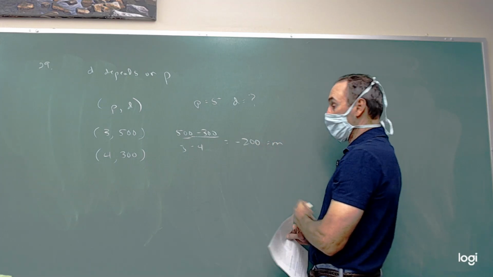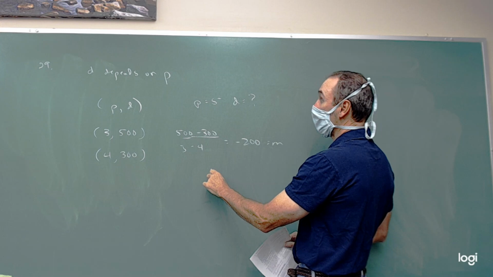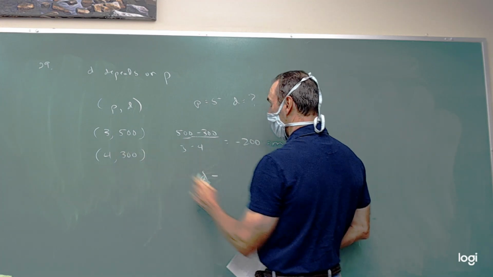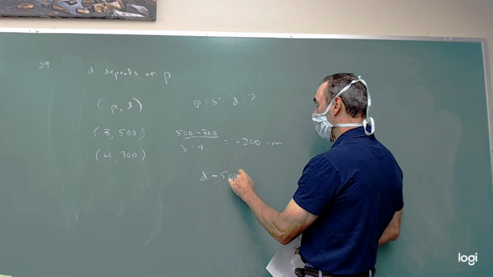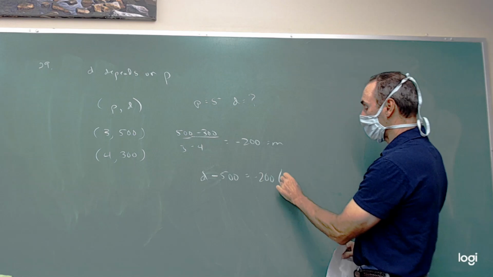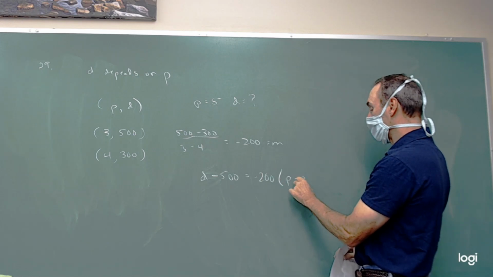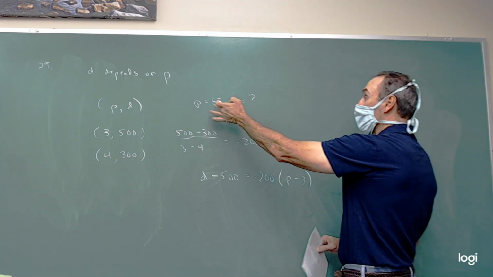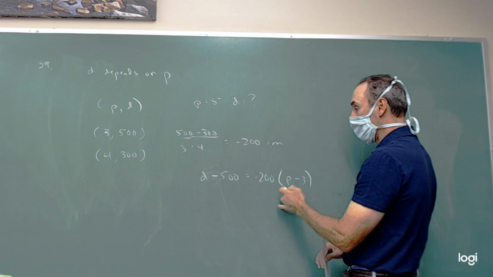Okay? So I'm going to say y, which is the demand, and I'm going to pick just this one, D minus 500 is going to be the slope, negative 200, times the x, which we call P, minus the 3.